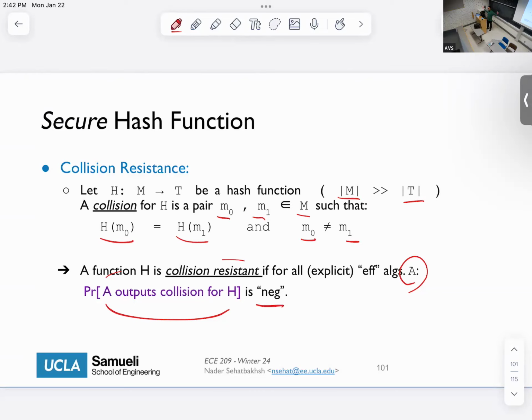And if the size of the message domain is large enough, then the adversary has a negligible probability of finding this, right? If you remember, it becomes 1 over m, and if m is large enough, then the adversary cannot find a collision easily. So when we say a secure hash function, we usually refer to a collision resistant hash function, where the probability of finding two colliding messages is very, very low.